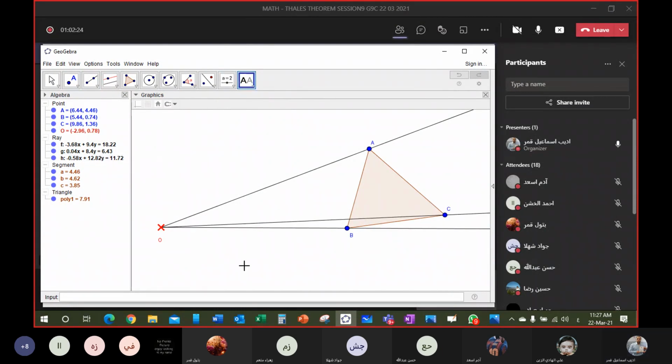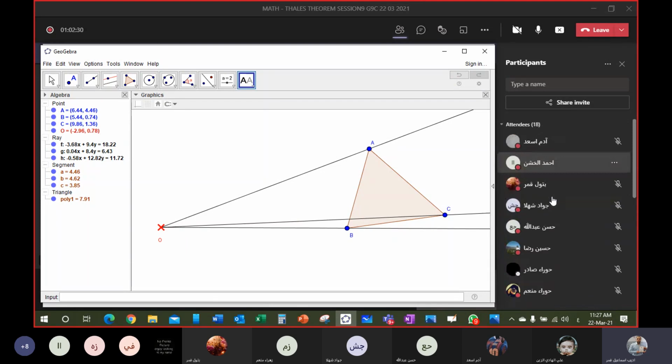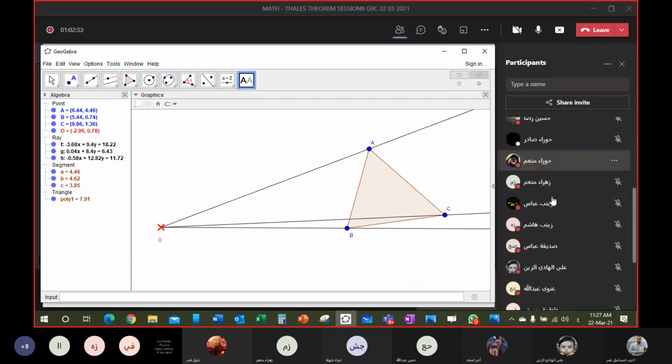Okay. Who can revise back the steps? Raise your hands, please. What did we do here? Zainab Abbas.